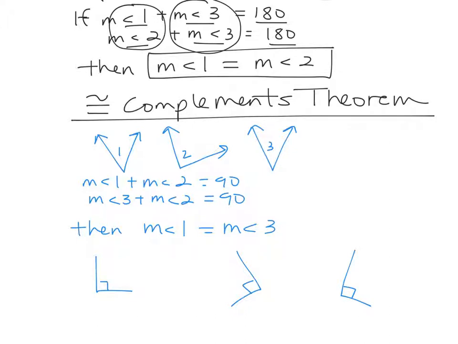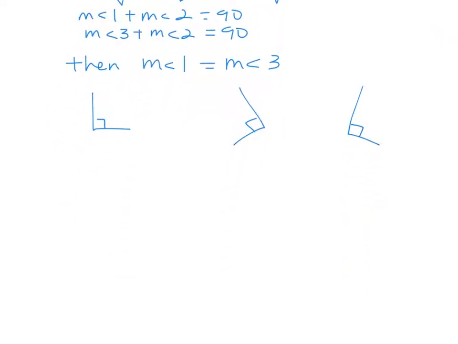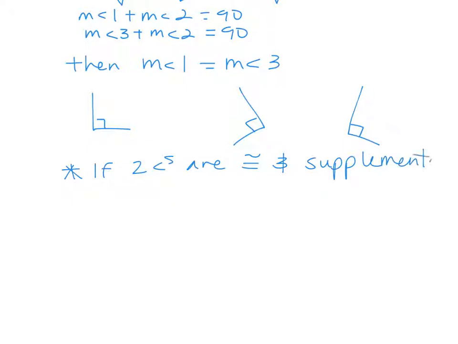And then there's one more theorem. It is Theorem 2.5. You don't need to worry about the number, but it says this: if two angles are congruent and supplementary, then they're both, any guesses?